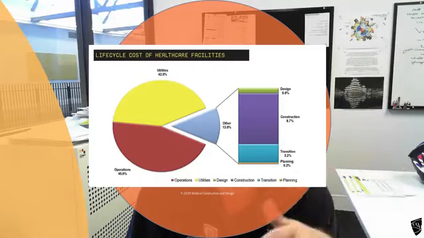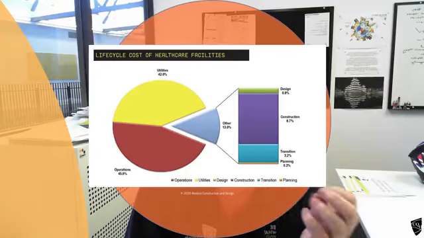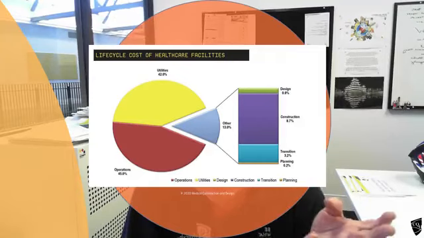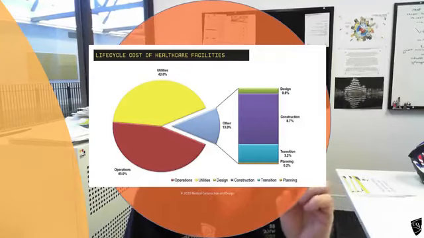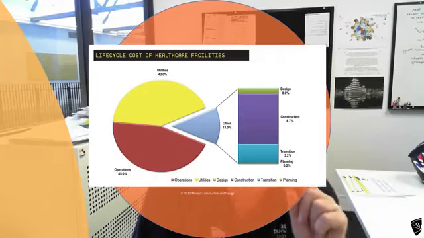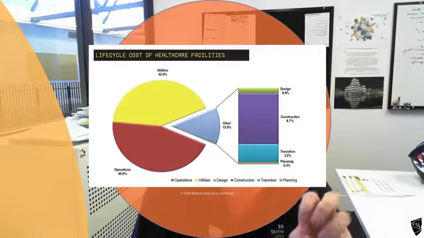That's the cost of actually operating it. 42% of the costs are the utilities that you use, your power, your electricity, etc. Operations can include staff wages and things as well. But notice, only 13% is connected with the actual construction, from the design, construction, planning, transition to handover.